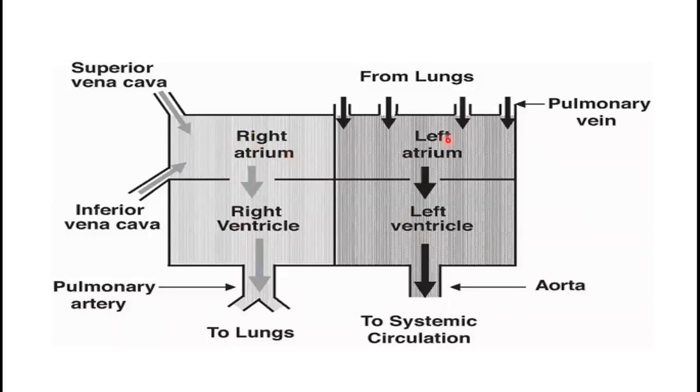The upper two chambers are known as atria, the lower two chambers are known as ventricles. The left half and right half are separated by a muscular septum, and blood never mixes in both the halves because the left half contains oxygenated blood and the right half contains deoxygenated blood.